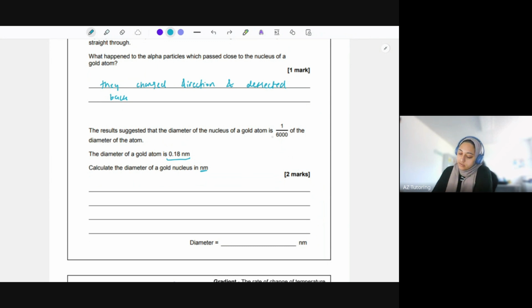What we're doing is the nucleus is 1/6000th of the diameter, which is 0.18. So you're just working this out, putting that in the calculator. So I get 3 times 10 to the power minus 5 nanometers. You can leave your answer in standard form. If you want to get it out of standard form, you can do that as well. You'll still get the mark for that.